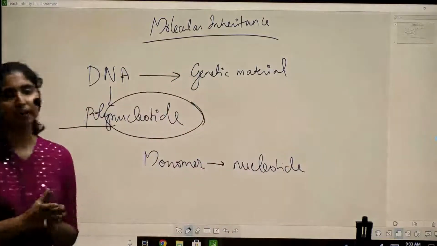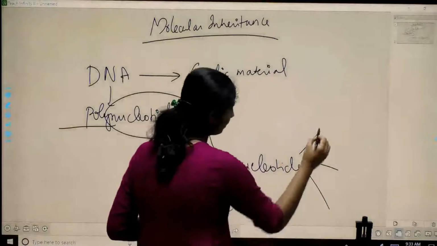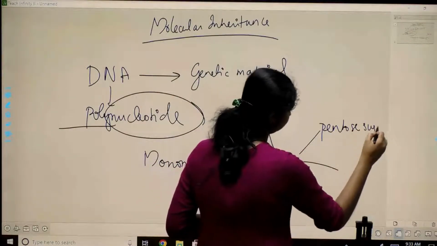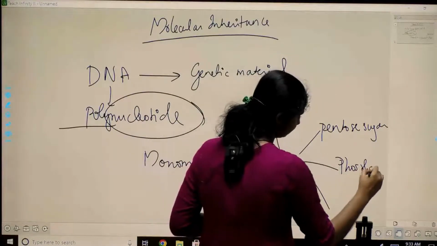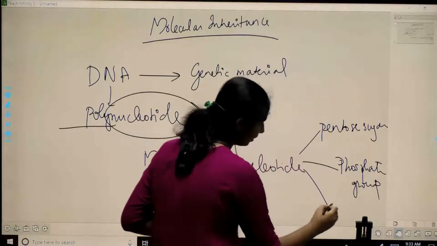Now nucleotide is composed of three components: a pentose sugar, a phosphate group, and a nitrogenous base.